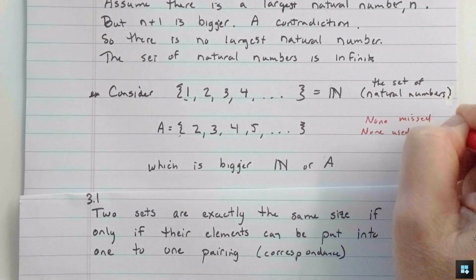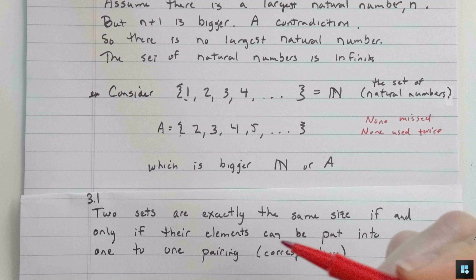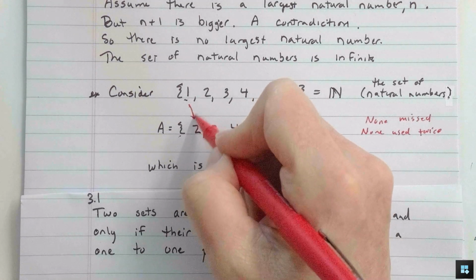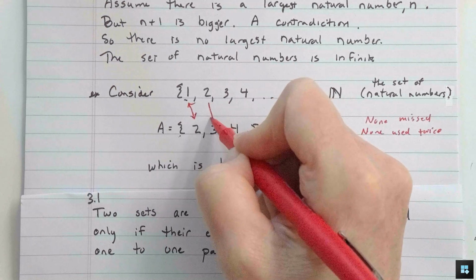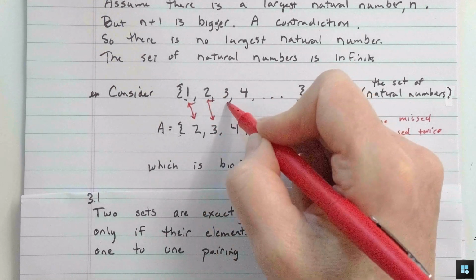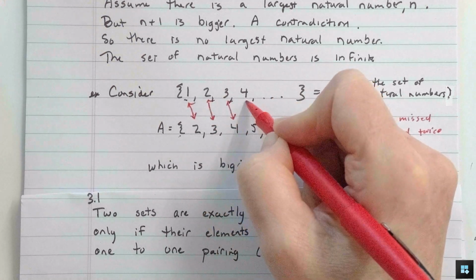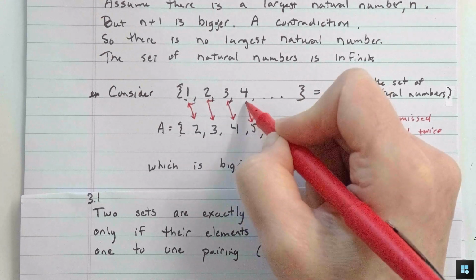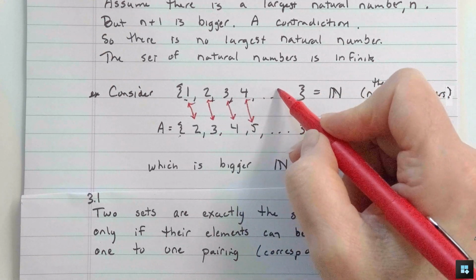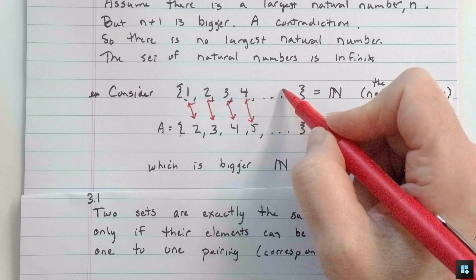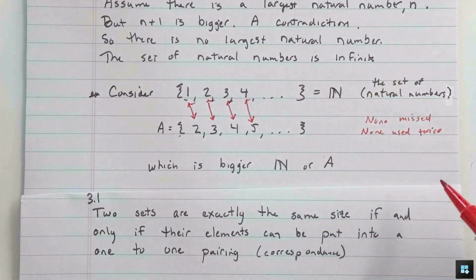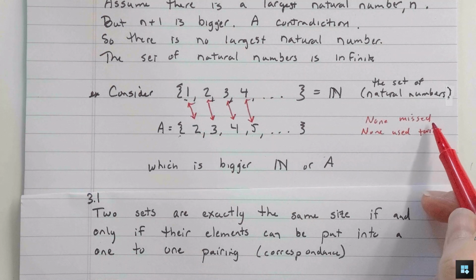What would the 1 go to? 2. 2 goes to 3, 3 to 4, 4 to 5. How about 500? 500 goes to 501.